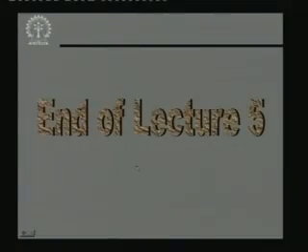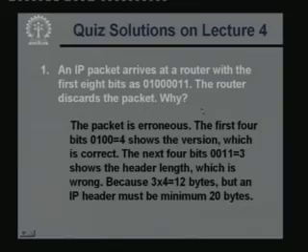So, here we come to the end of this lecture number 5, but now let us have a quick look at the solutions to the questions which we posed on our earlier lecture. So, the first question was, an IP packet arrives at a router with the first 8 bits as 0100 0011, but the router discards the packet.